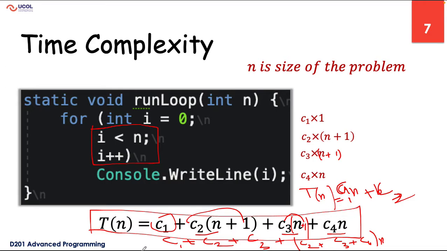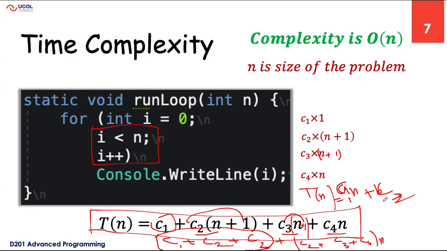So if you look at that, that is some constant term, and then some constant multiplied by n. So it is c1n plus c2. So if we look at that, that becomes a linear equation. So our time complexity for this particular specific algorithm is linear.